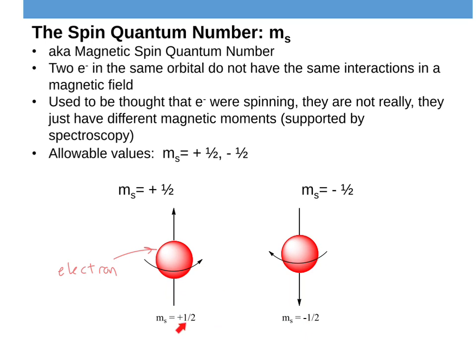Those are the only allowable values for m sub s. It doesn't rely on the n, the l, or the m sub l. It's either plus 1/2 or minus 1/2, and that was called either spin up or spin down. Plus 1/2 was spin up, and minus 1/2 was spin down.